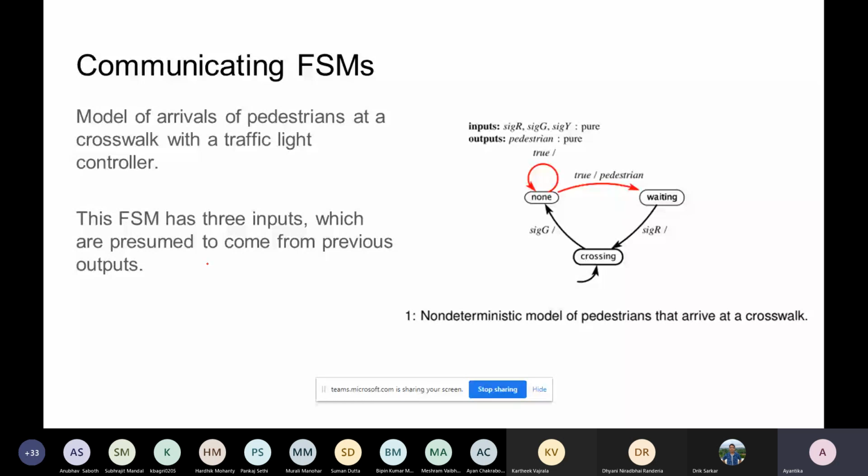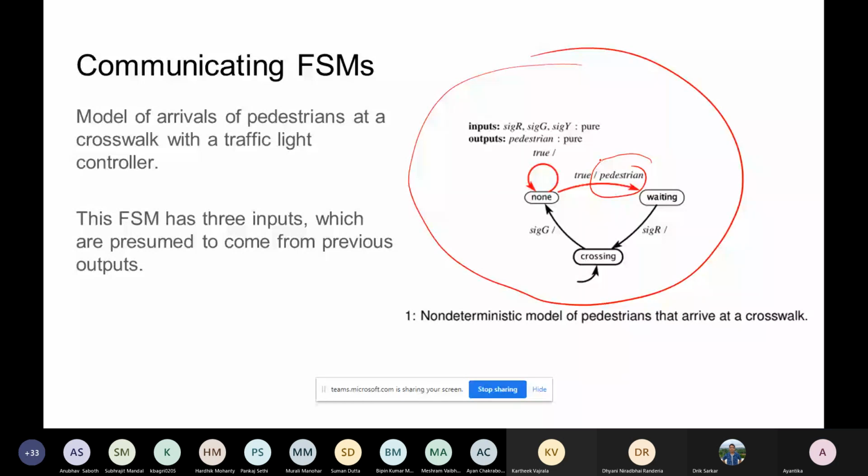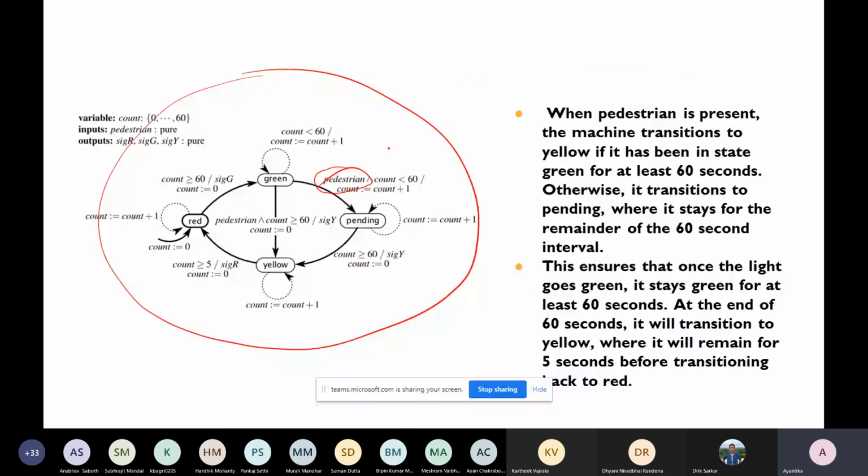There must be some states we can define and some conditions to change those states. So the pedestrian signal is basically an output set by a different FSM, and it comes back as an input to this traffic light controller FSM. That means with this variable, these FSMs are communicating.